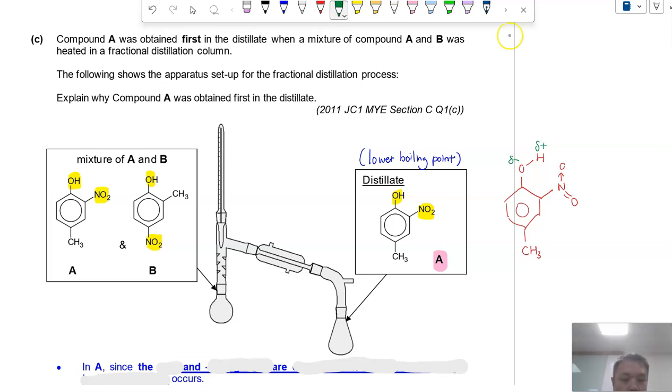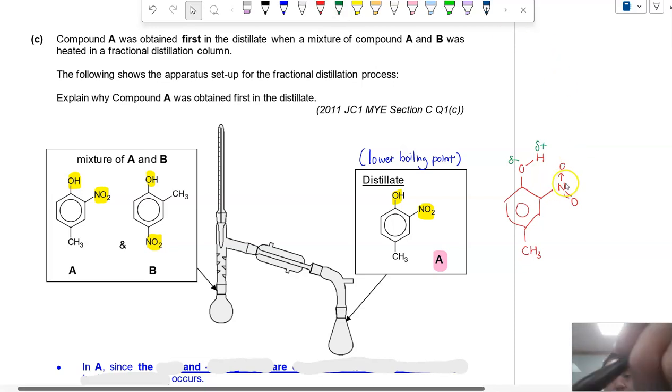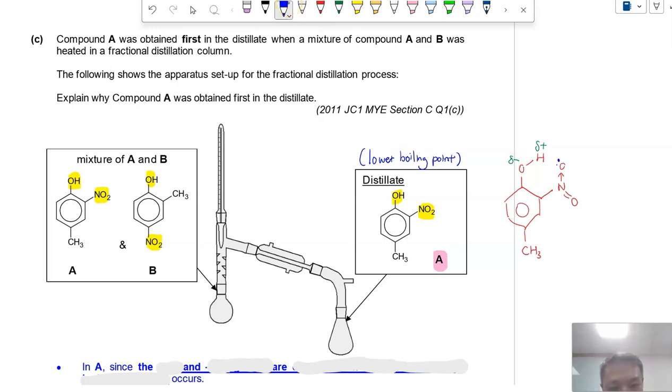So you have a delta plus H. And on the NO2, you also have lone pairs on the O. This can therefore result in what we call intramolecular hydrogen bonding. The hydrogen bond happens within the same molecule, between the oxygen of the NO2 group and the H of the OH.